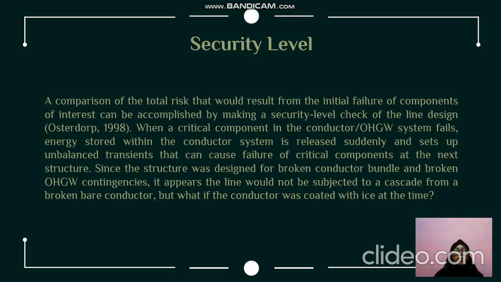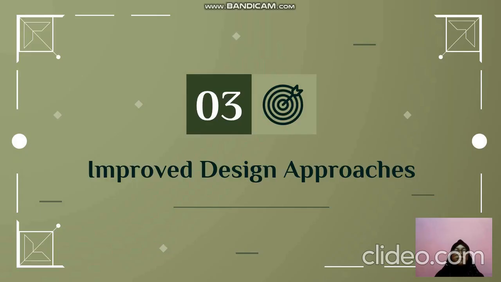Since the structure was designed for broken conductor bundle and broken residual conditions, it appears the line would not be subject to a cascade from a broken bare conductor. But what if the conductor was coated with ice at the time?